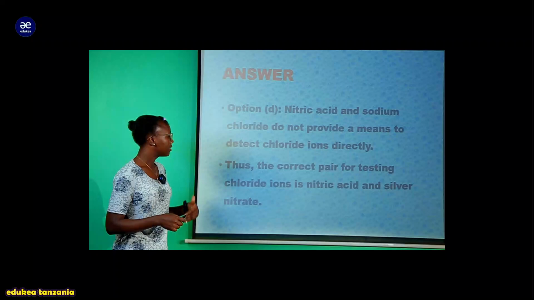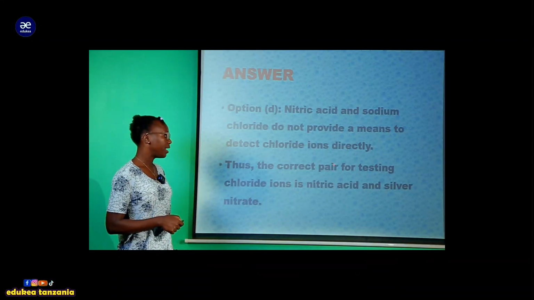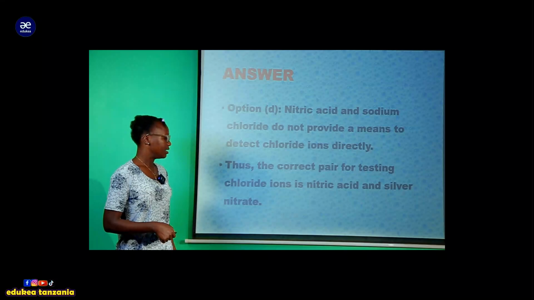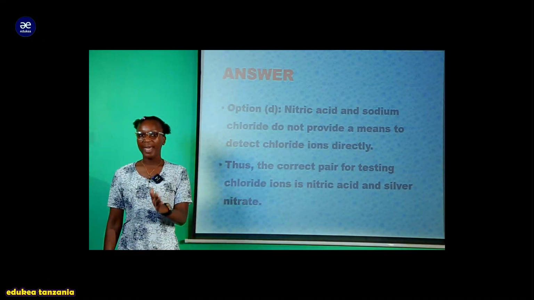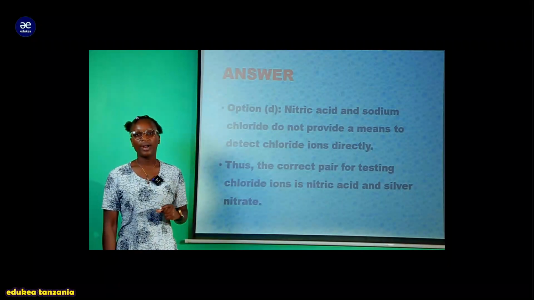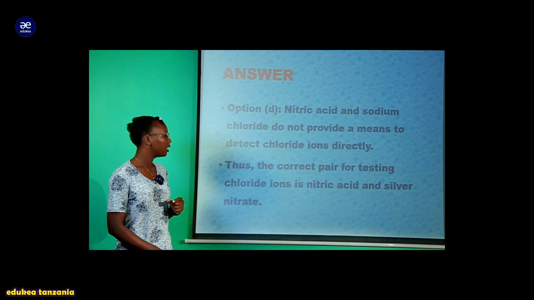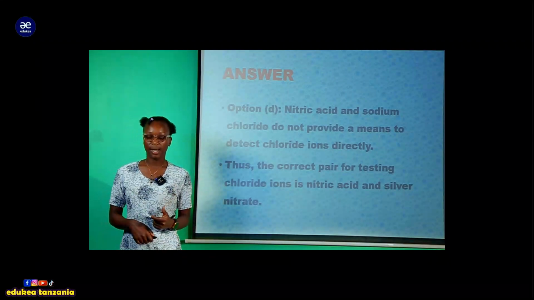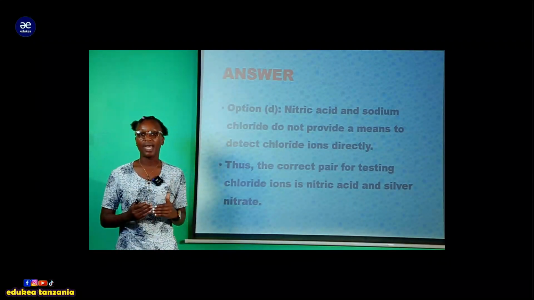So after there you can see that the correct pair for testing chloride ion is nitric acid and silver nitrate. Kwa hiyo pair ambayo ni sahihi kwa ajili ya kufanya detection ya chloride ion kwenye solution ya compound ni this one, nitric acid and silver nitrate, ambayo hii ilikuwa ni part A ya swali letu.